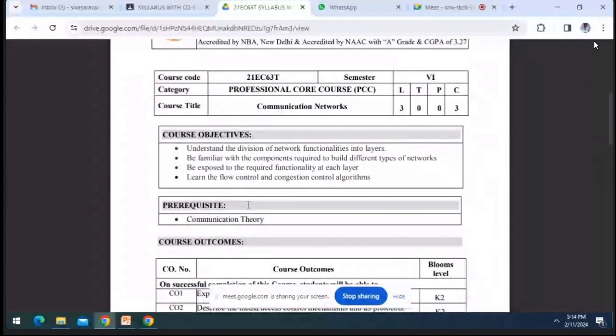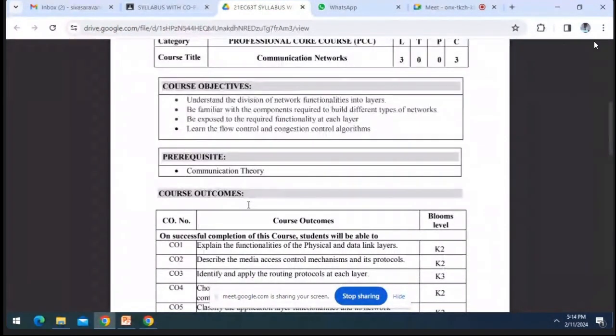The objective of the course is to understand the division of network functionalities into layers. We have 7 layers in the OSI model and 5 layers in the TCP/IP model.